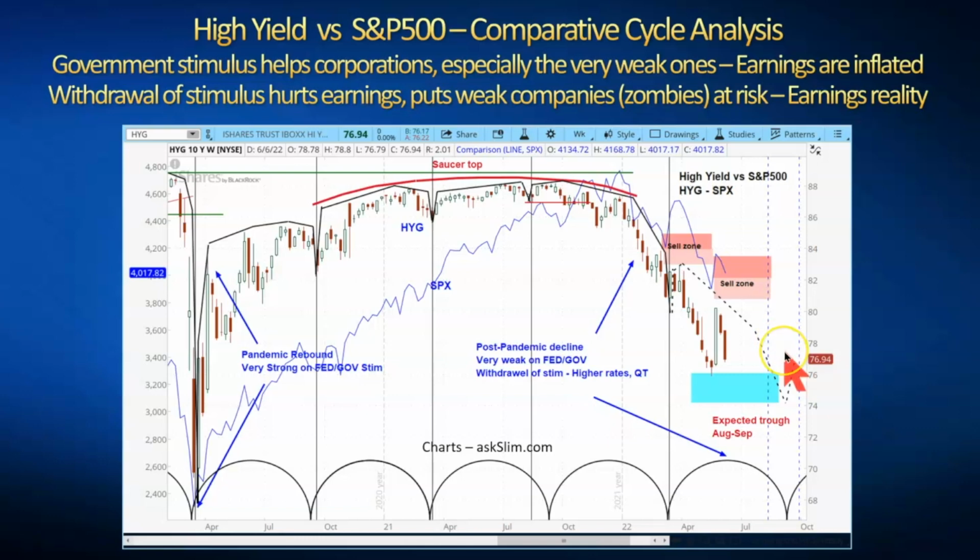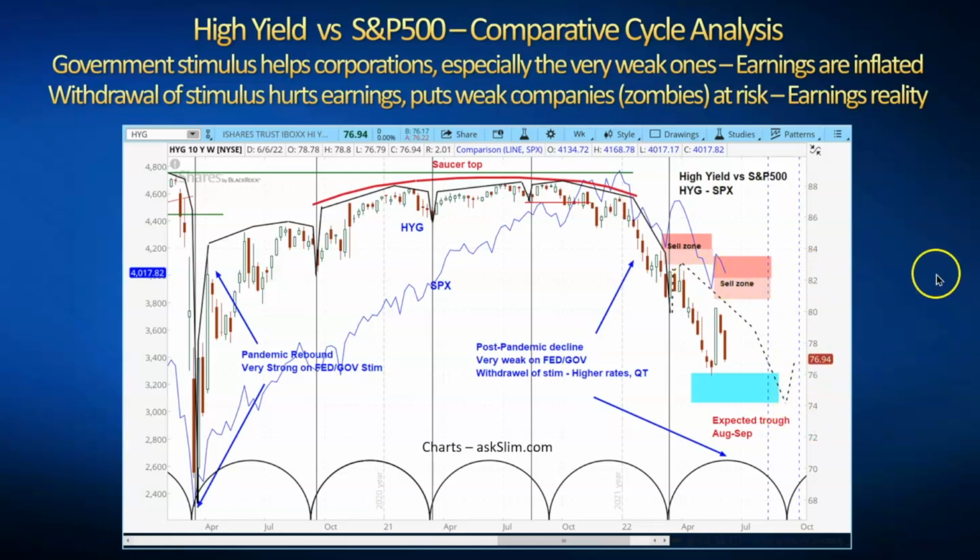And that's what we've been looking for and showing, and I'll show you that at the end of the show also as we look at the analysis on the S&P 500, that this is really the timing over here. We expect that HYG, the high yield corporates, and the stock market, the S&P 500, and all the indexes will continue to move down very sharply into this period over here, into that August, September, and potentially out into October.